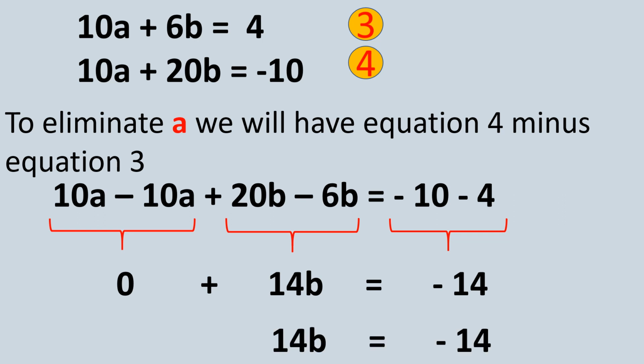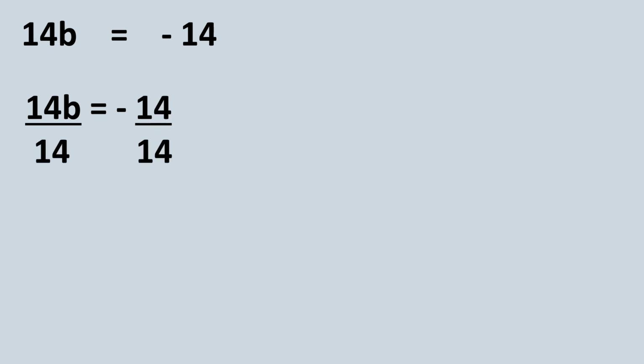Therefore, if we simplify, we have 14b is equal to minus 14. In order for us to be able to solve for b, we'll divide both sides by 14, thereby cancelling out the 14 on the left-hand side, and then dividing also by 14 on the right-hand side.